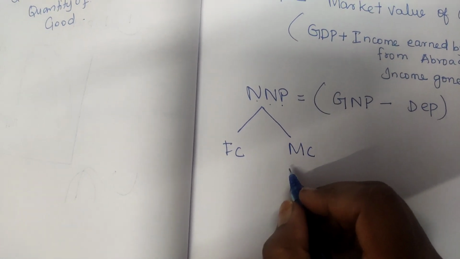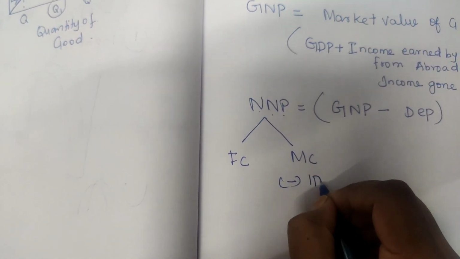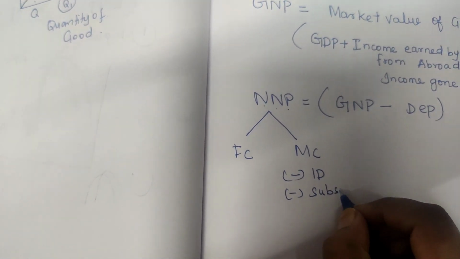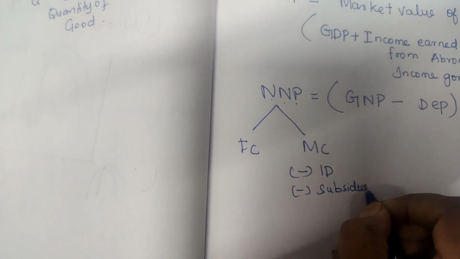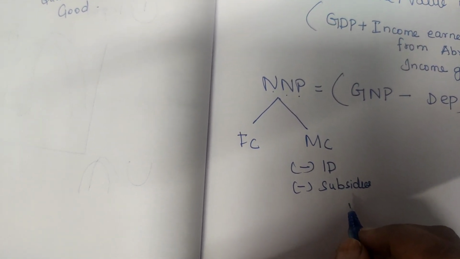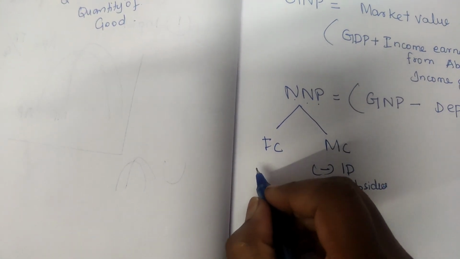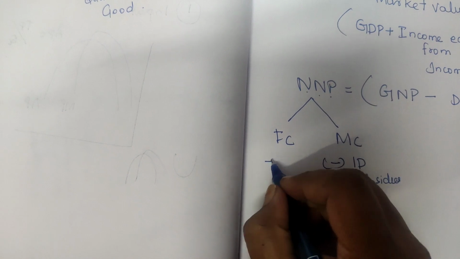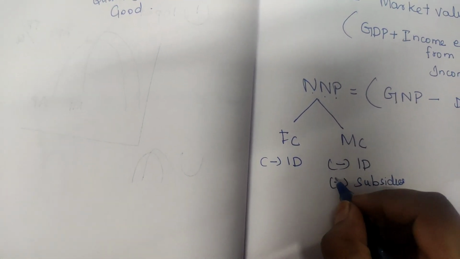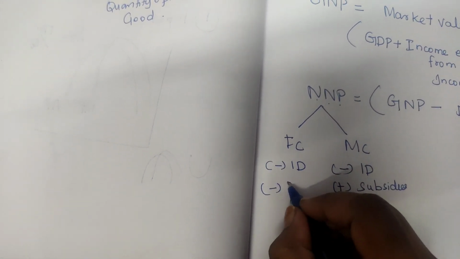At market cost, we add indirect tax minus subsidy.